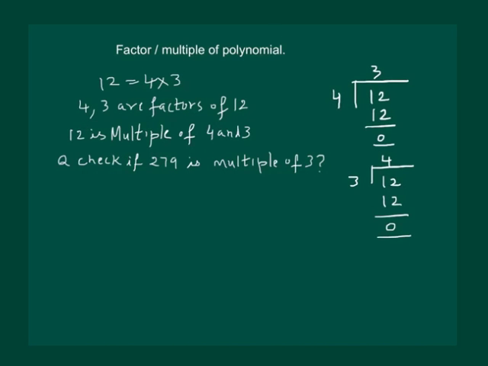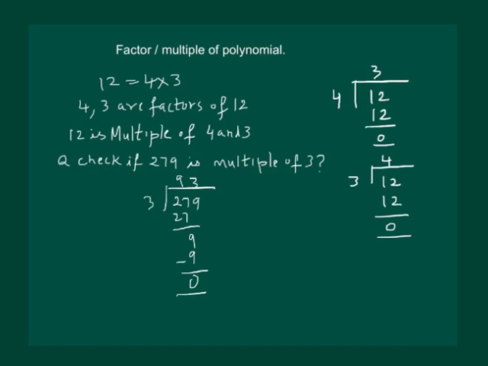Suppose we have to check if 279 is a multiple of 3 or not. We will divide 279 by 3 and check whether the remainder is 0 or not. We have remainder as 0.